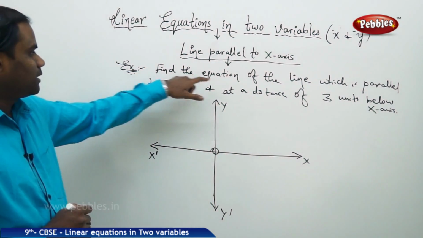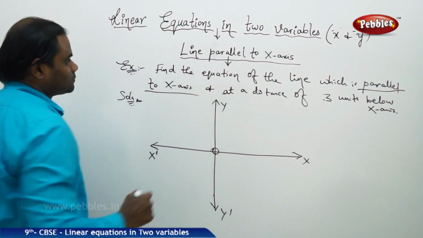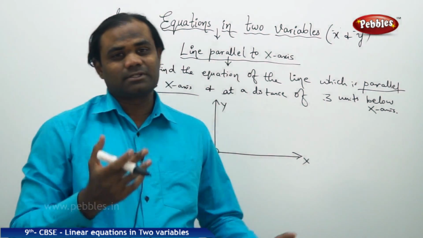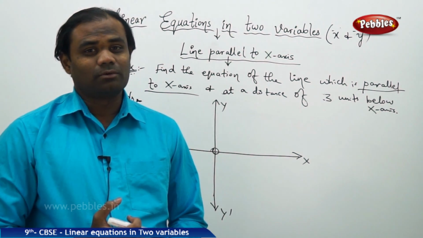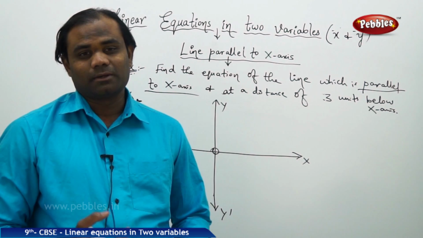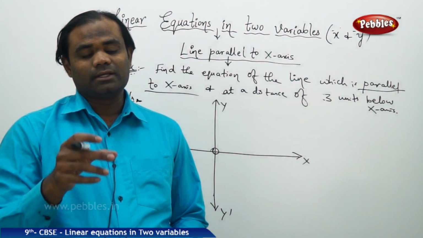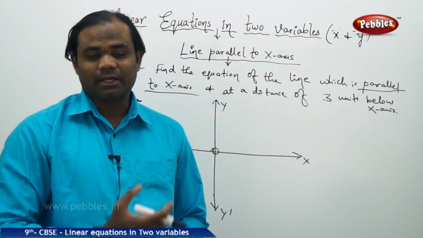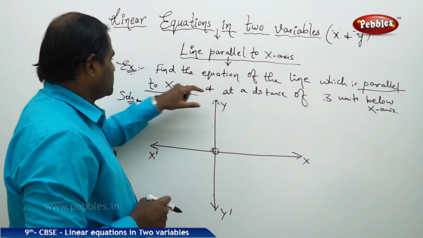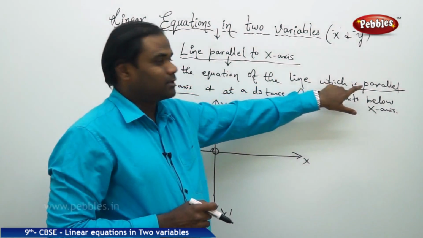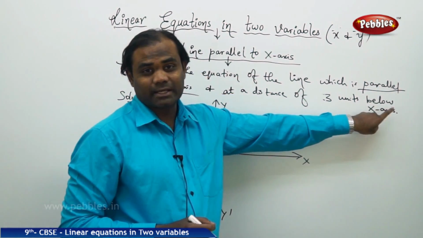Now the question says we have to find the equation of the line which is parallel to the x-axis. The condition which we have seen in the previous session is that any line which is parallel to the x-axis is of the form y equals k. What is k? k is the y-intercept, or the distance k is the perpendicular distance between the x-axis and the line. So the line which we need to find is parallel to the x-axis and at a distance of 3 units below the x-axis.